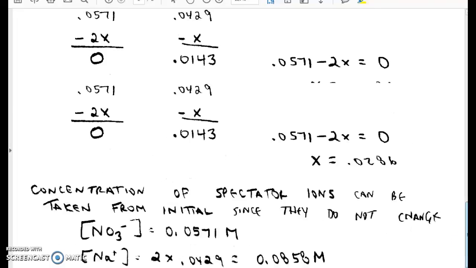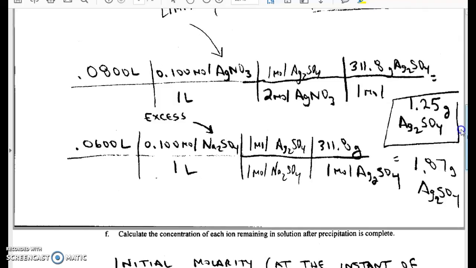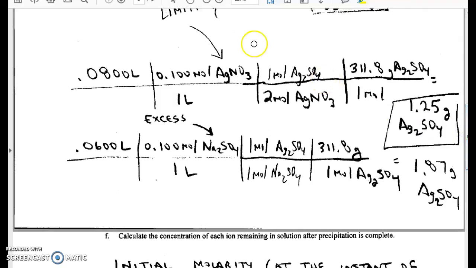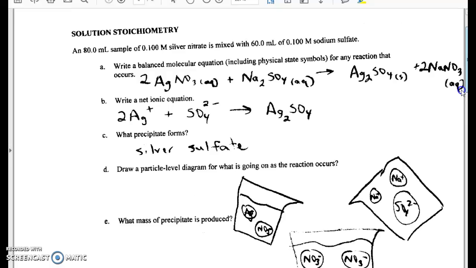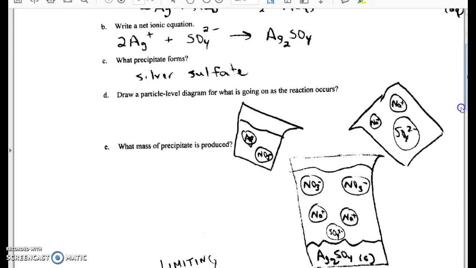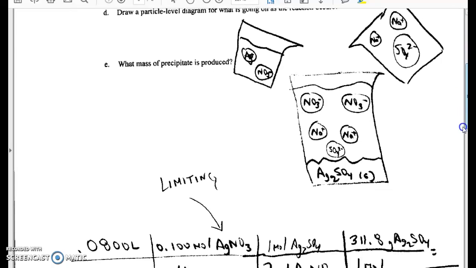So if we go back to our limiting reactant problem, since we determined that silver nitrate was the limiting reactant, and indeed in the net ionic equation it is the silver ion that is the limiting reactant, then all of the silver ion will be found in the precipitate in the solid silver sulfate that has precipitated out.